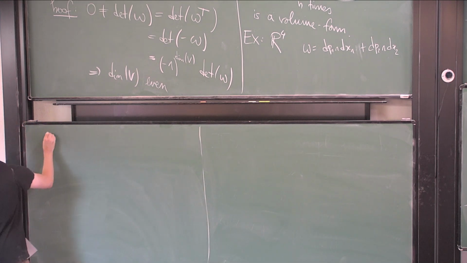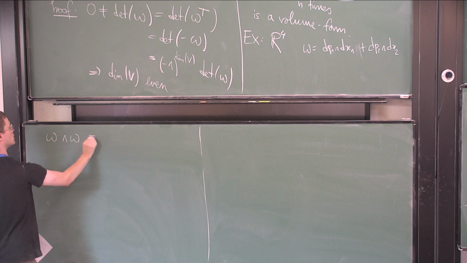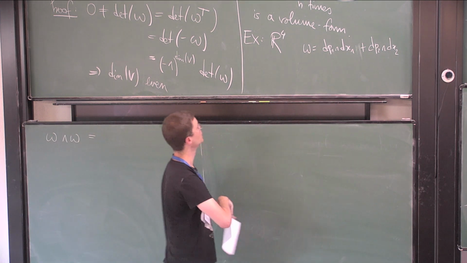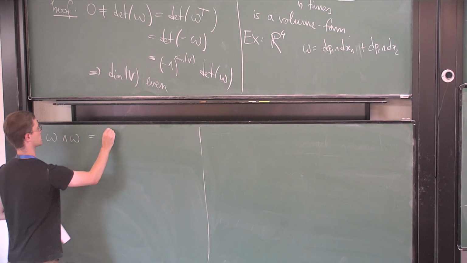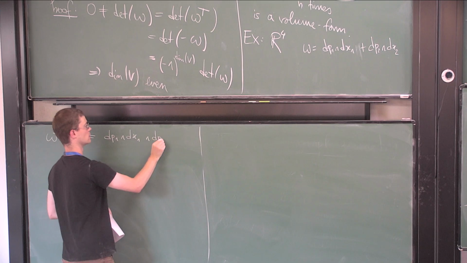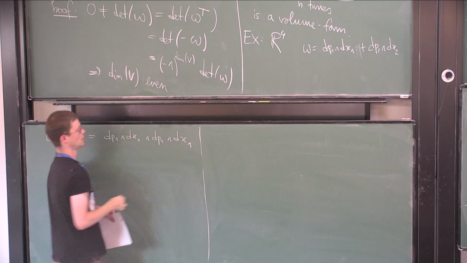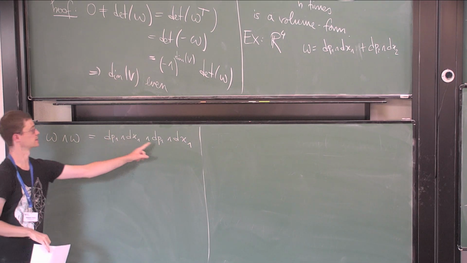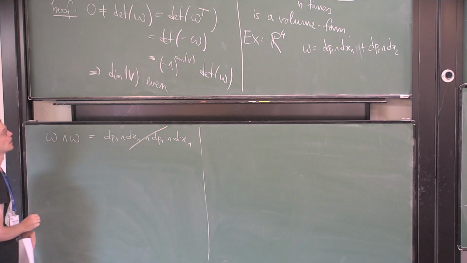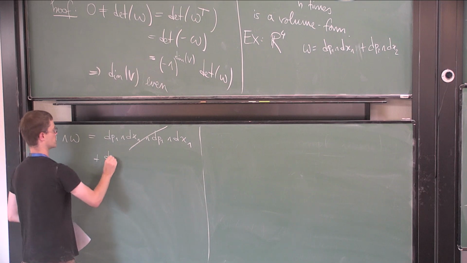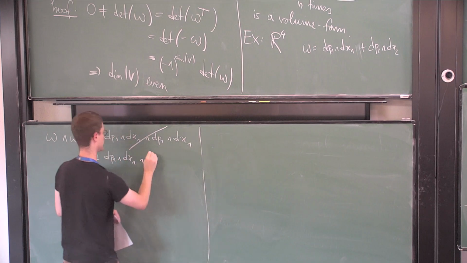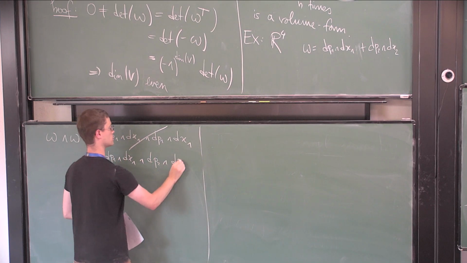So if I compute omega wedge omega, you should imagine this wedge itself. You get the first term, which is dp1 wedge dx1 wedge dp1 wedge dx1. But this is 0 because you have dp1 twice. Then you get another term, which is dp1 wedge dx1 wedge, and then you take the second half, dp2 wedge dx2.